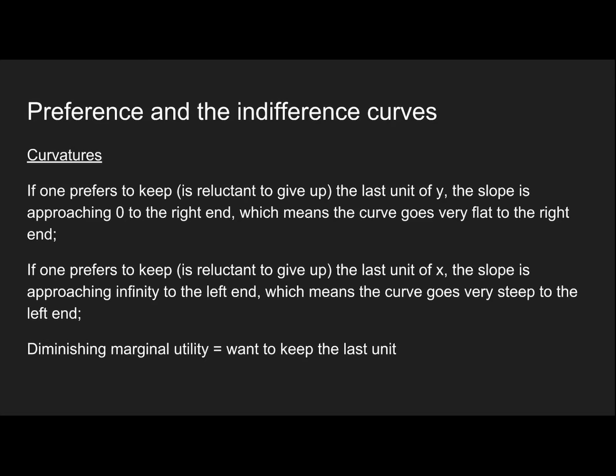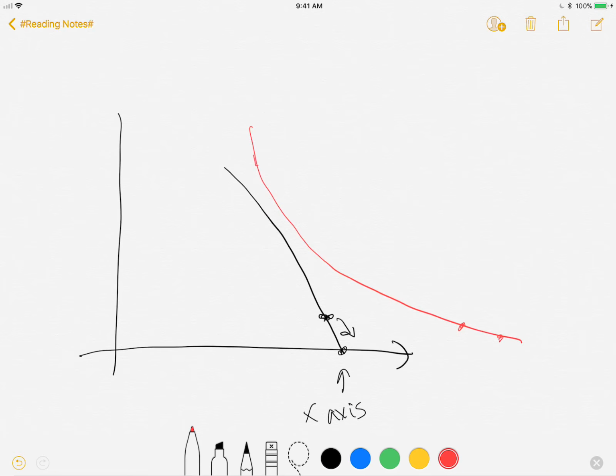And the same, if one prefers to keep the last unit of x, then the slope of the indifference curve is approaching infinity to the left end, which means the curve goes very steep to the left end, like this. You see, it looks like this. Oh, sorry. Now erase this. Maybe this line. Yeah, this is better.